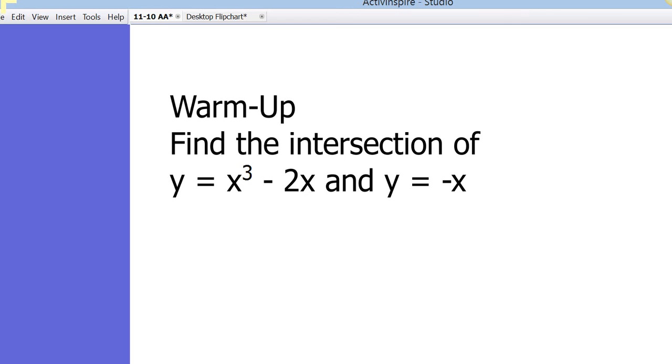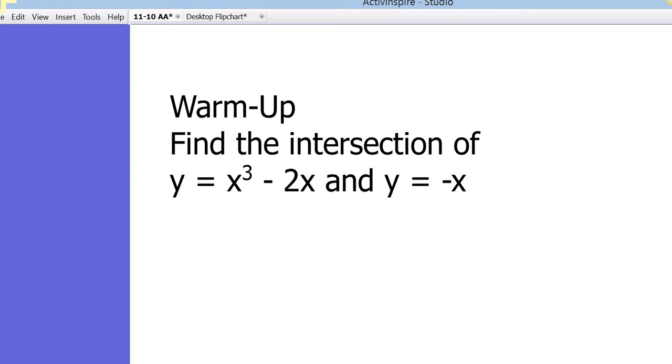Plug in positive 1, I get -1. So, my intersection points are 0, 0. What else? -1, 1. And 1, -1. Okay, those are my intersection points. These are my final answers. Put a star on it. Smiley face.